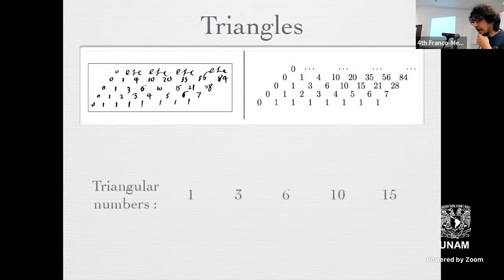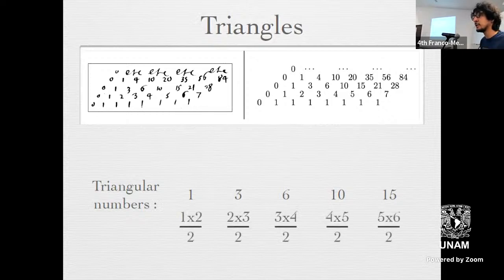Okay. And there is another issue: for example, the triangular numbers, here the 1, 3, 6, 10, 15, you can express by two expressions. You can express it by the well-known expression of triangular number, that is half of the product of two neighbor numbers.